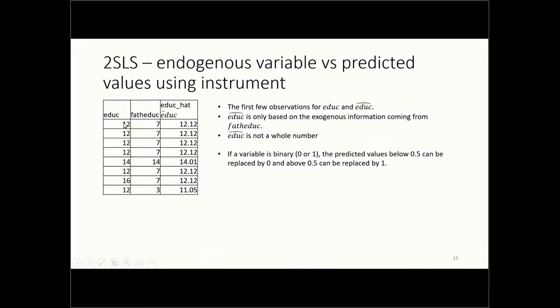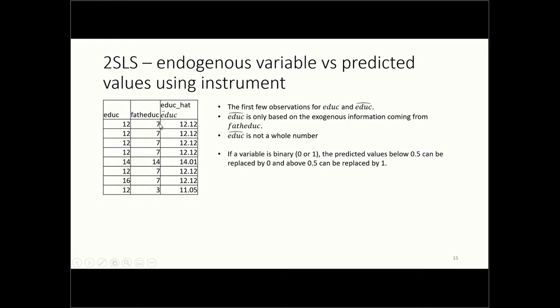This is the first few observations of education, and this is the first few observations of father's education. We're running a regression for our first stage of education on father's education, and what we're getting here is education hat. This education hat are the predicted values from that regression of education on father's education.